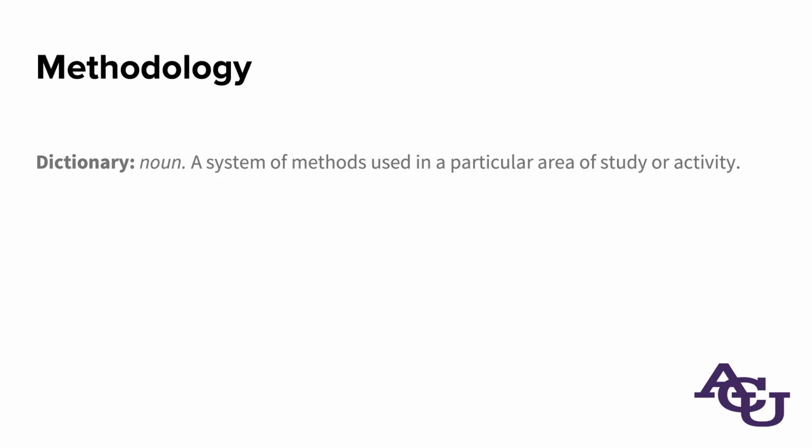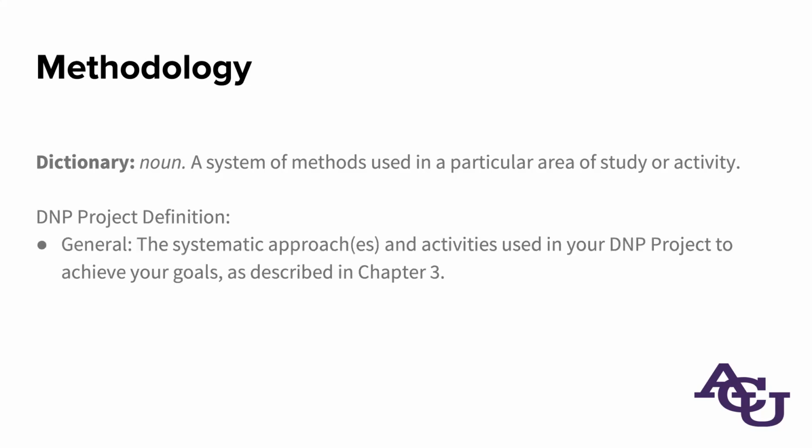Now, more confusingly, when you're talking about a dissertation or a DNP project and other research things, it can be used in a general and in a specific sense. In the DNP project, the general sense means that we're referring to the systematic approach or approaches and activities that you are using to achieve your goals. So in that sense, everything in Chapter 3 could be considered generally under the heading of methodology.